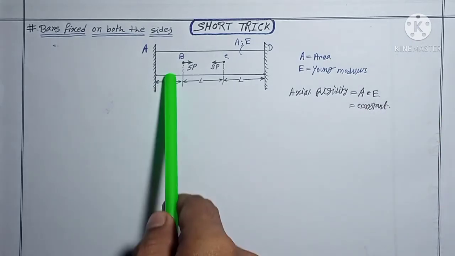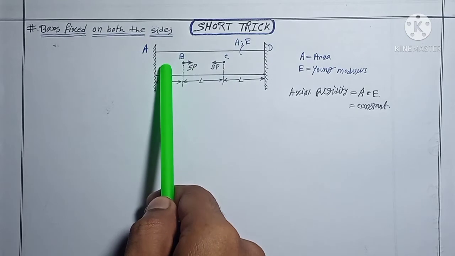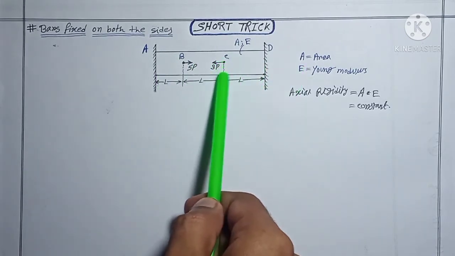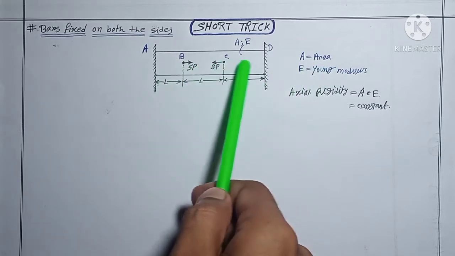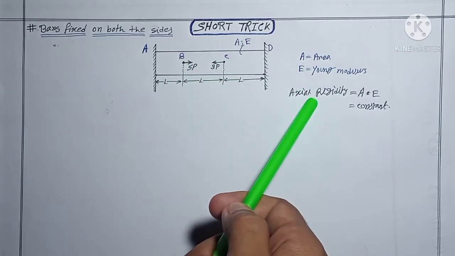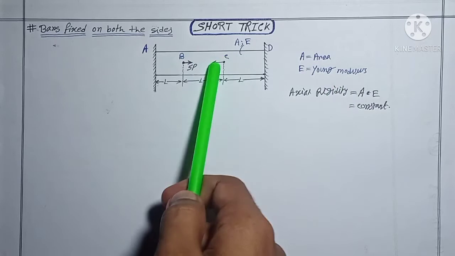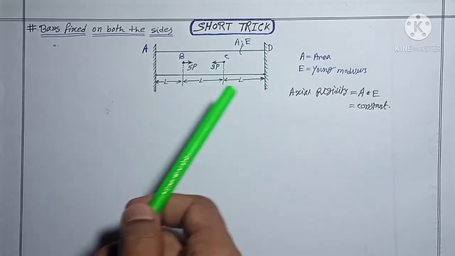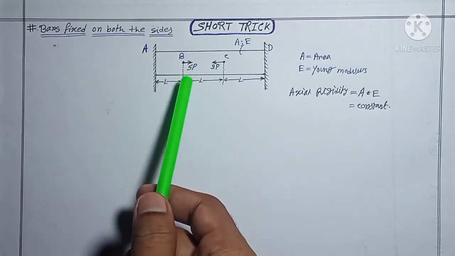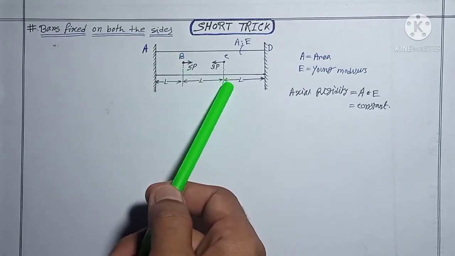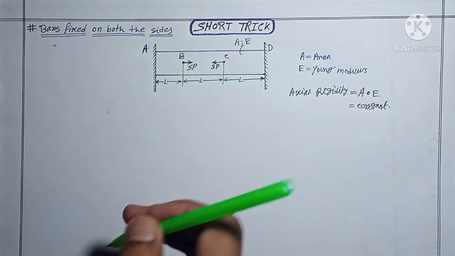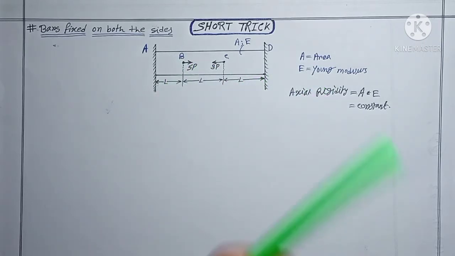Here in this bar the area is constant for each section, and the material's Young's modulus is also constant, so the axial rigidity is constant and we can apply the short trick. You can't apply this short trick for a stepped bar. The area and Young's modulus should be constant for each section. This is the first condition.